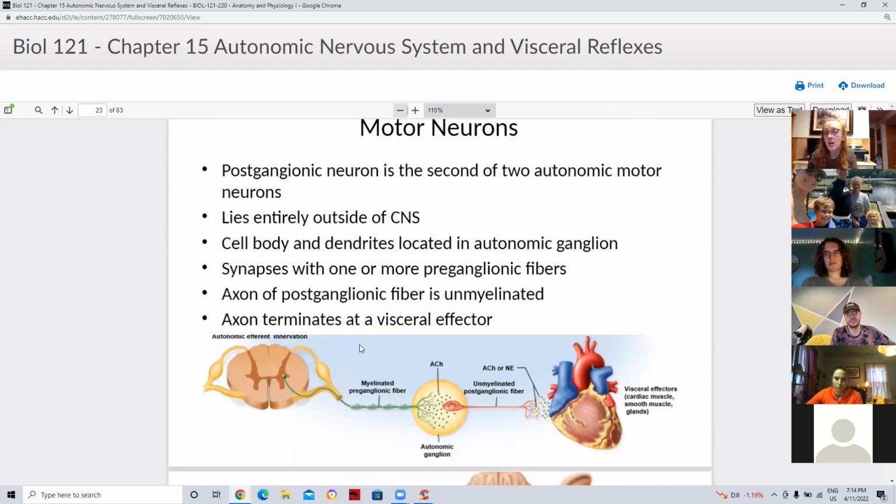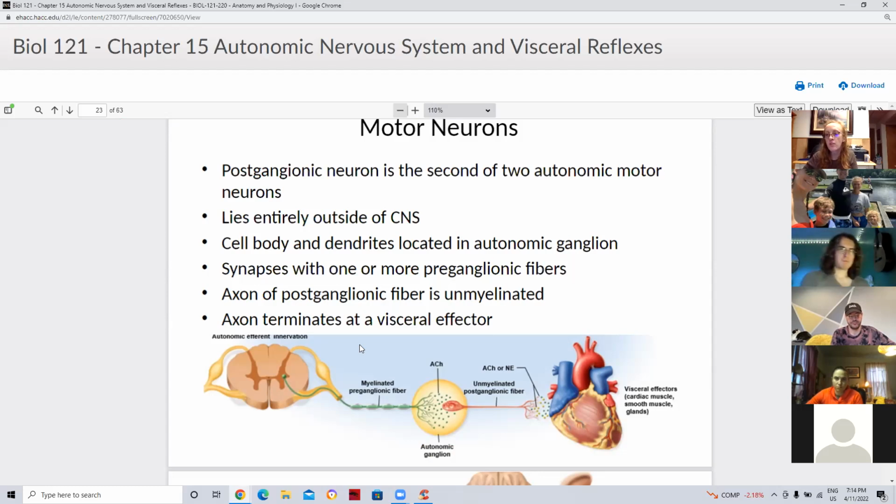It lies entirely outside of the central nervous system, and its cell body and dendrites are found in the autonomic ganglion. It can synapse with one or more preganglionic fibers. Remember, we talked about those converging pathways when we were talking about nervous system in chapter 12. Axons of a postganglionic fiber are going to be unmyelinated, and they're going to terminate at visceral effectors.